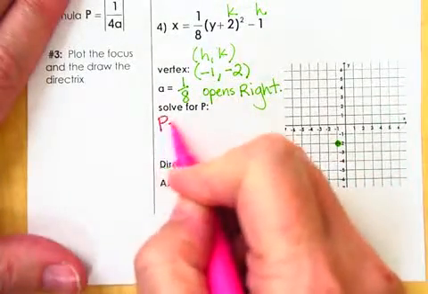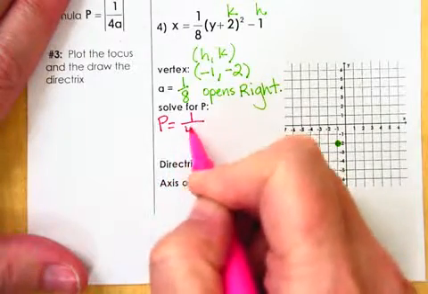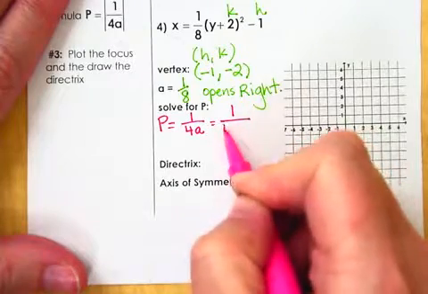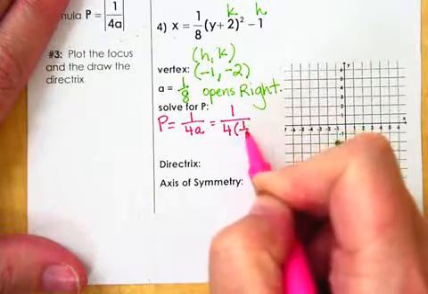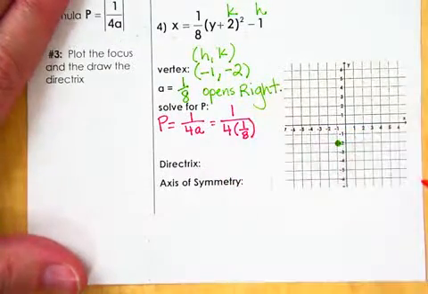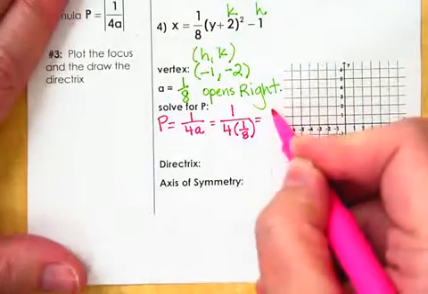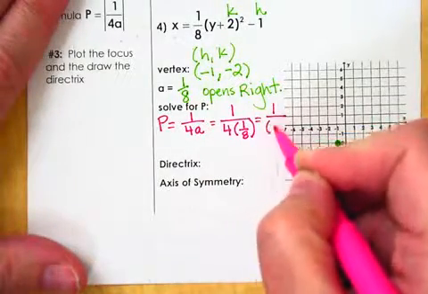So p equals 1/4a. So it's 1 over 4 times 1/8. So 4 times 1/8 is 1/2. So it's 1 divided by 1/2.